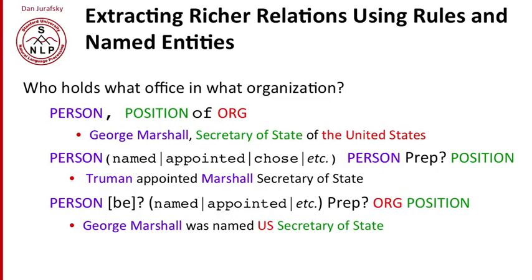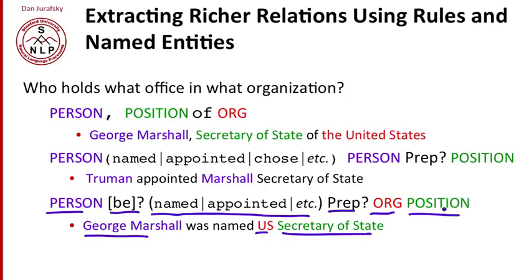Or finally, another pattern, George Marshall was named U.S. Secretary of State. So again, person, and maybe a form of the verb to be, optionally followed by one of these named or appointed words, and then maybe an optional preposition, and then the organization and the position. So by combining the named entity types with the words or perhaps parts of speech in between, we can create patterns that extract particular relations.